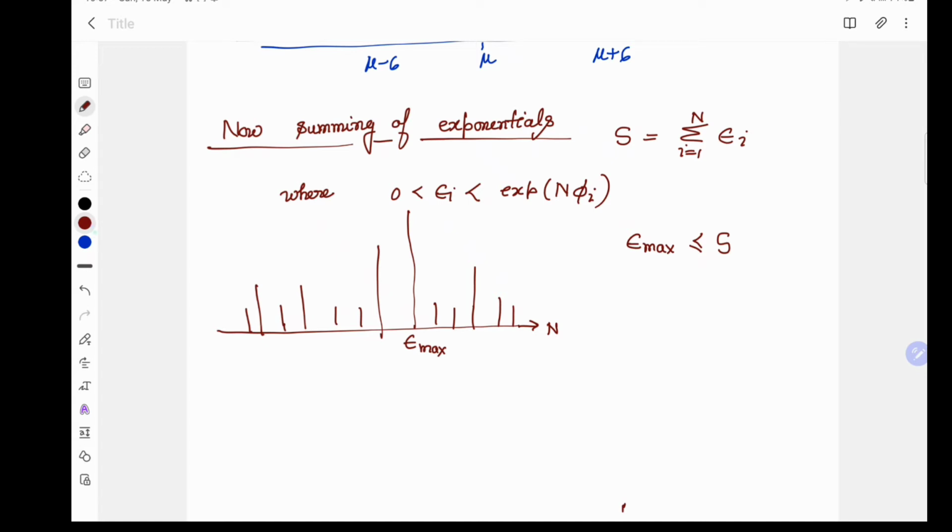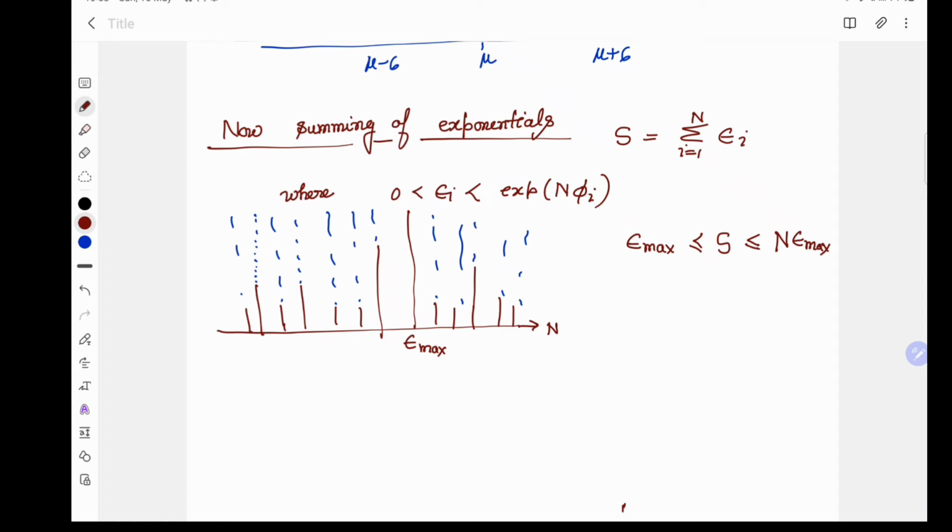And if you now, let's say, increase the length of all of these up to epsilon max, and sum it, what will we have? If we sum all of these now, then it will certainly be less than or equal to n epsilon max, because now you are summing all epsilon max, so it will certainly be greater than the original sum.